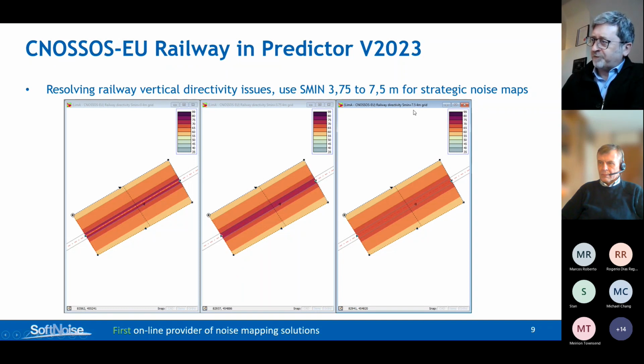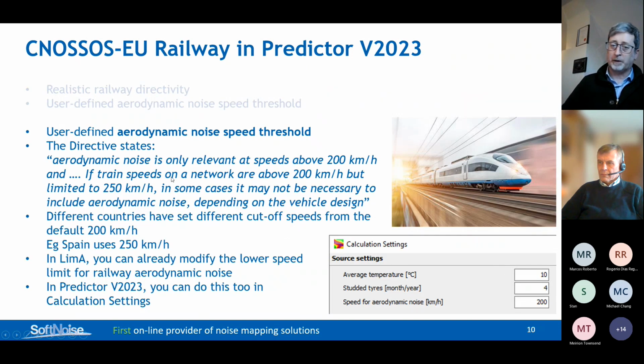If you set it to 7.5, you get this compromise where you still get high levels close to the source, which is intuitively correct, but you hide this dip that you can see here. It's not quite the same as here, but it's a compromise. So you can see here by setting SMIN somewhere between 3.75 and 7.5 for strategic noise maps, you can get data presentations that look intuitive to users or to the population.